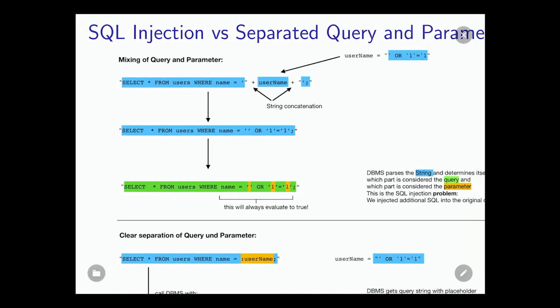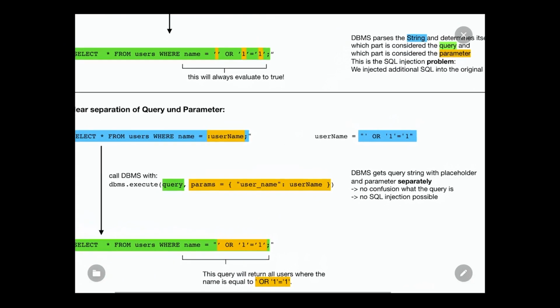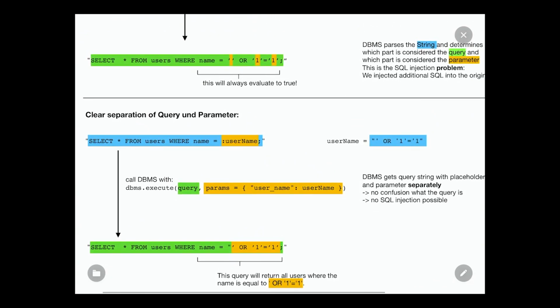So how do you fix that? The right way of fixing that is, I mean, of course, you could always try to inspect, for instance, the inputs, and say, oh, is there some or, is there some single quotation, is there some X, is there some Y? You could do that, but actually you shouldn't, because you might be missing a case for SQL injection.